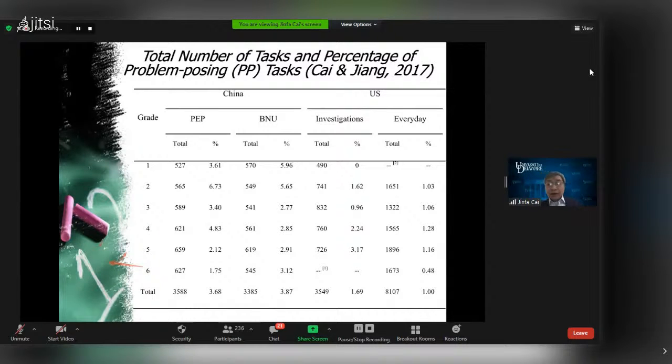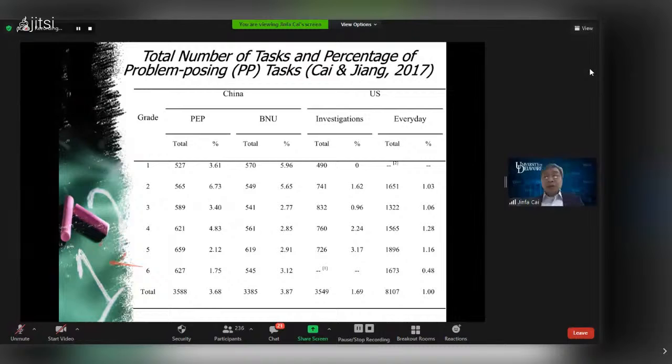If you look at the bottom, at the total here, it's really a little bit of 3%. And for Investigations, 1.69% involve problem posing. And for Everyday, 1% of the mathematical activities involve problem posing. So proportion-wise it is very small, very small.